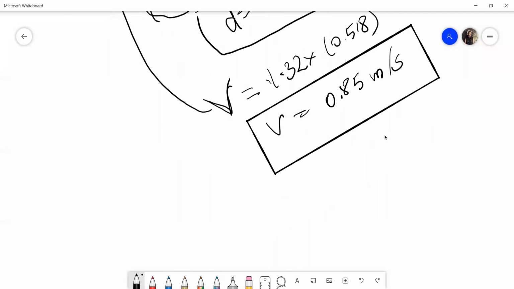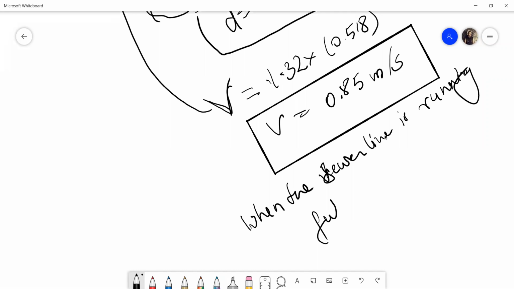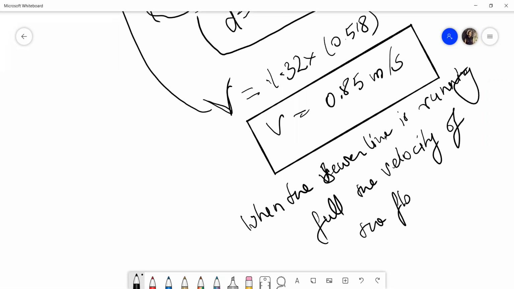You have to write down the statement here: when the sewer line is running full, the velocity of the flow is equal to 0.85 meter per second, and the diameter of the sewer line will be 0.518 meters.